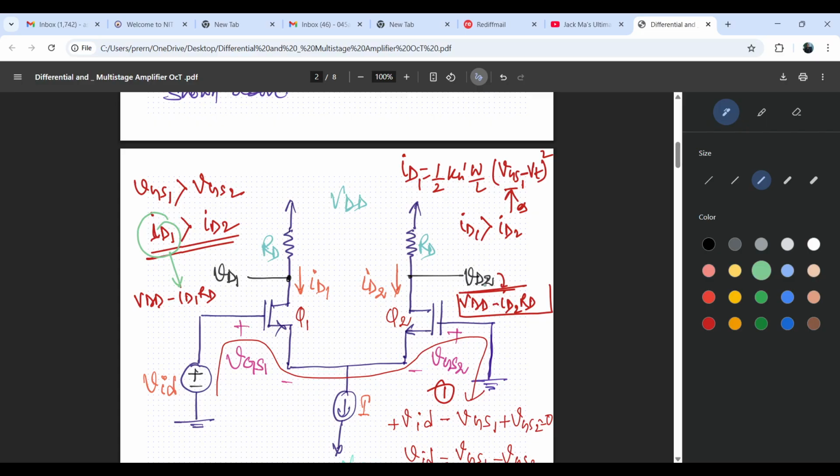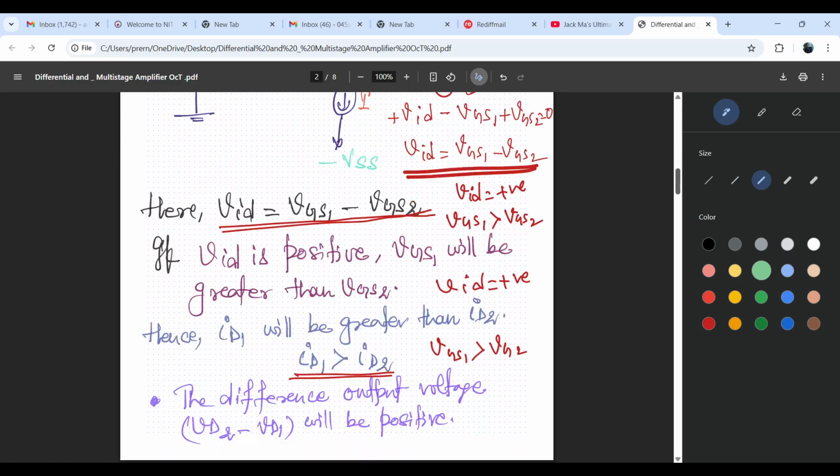So VD2 will always be greater than VD1. The voltage at drain terminal D2 will be greater than VD1. Is it okay?